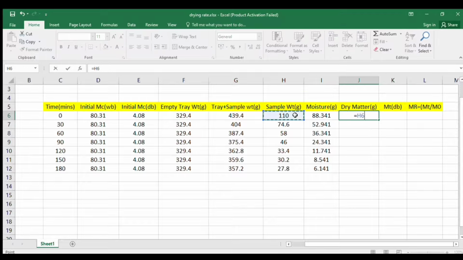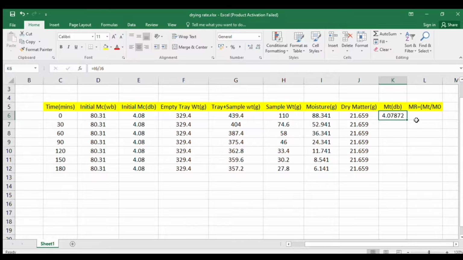I have already said that moisture content dry basis is nothing but the ratio of moisture and the dry matter. Just like it. Then in moisture ratio, I have already mentioned the formula.